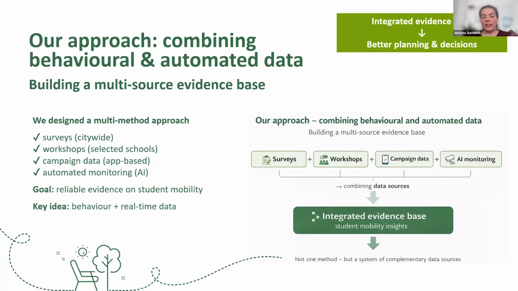Because one source of data was simply, for us right now, not enough, and each method shows something different for us. Surveys show intentions, workshops show context, why students choose this kind of transport, campaign data shows engagement, and AI shows what actually happens in the crosswalks near the school.